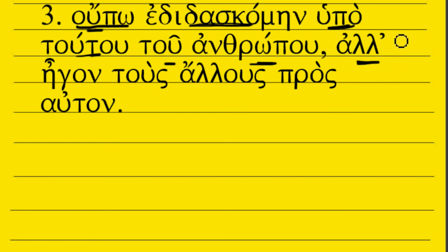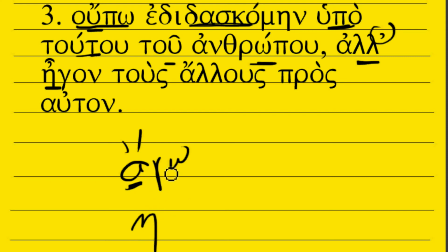Alla, but it, of course, contracts here because it's preceding a word that begins with a vowel. But now notice, I was leading. This is from ago. You've already had that. And you know that now if we're going to put it in the imperfect, we need to augment, so it becomes the eta.